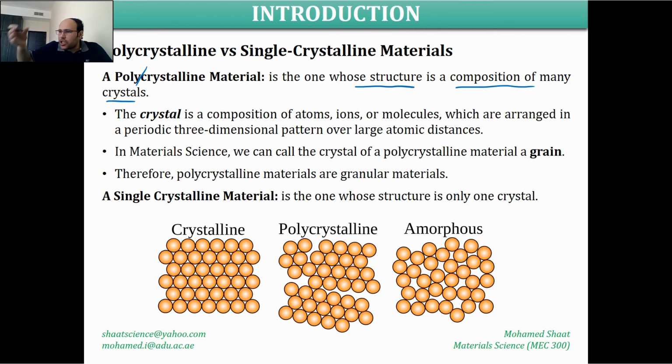Every single three-dimensional periodic pattern could form what we call a crystal. A crystal is a composition of atoms, ions, or molecules, the things that form this material, arranged in periodic three-dimensional patterns over large atomic distances.